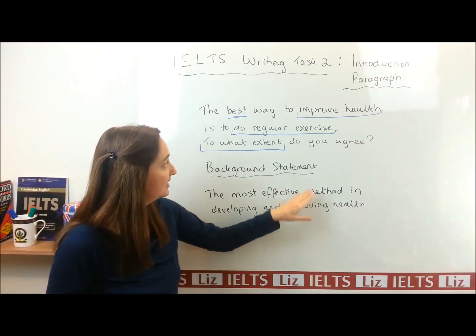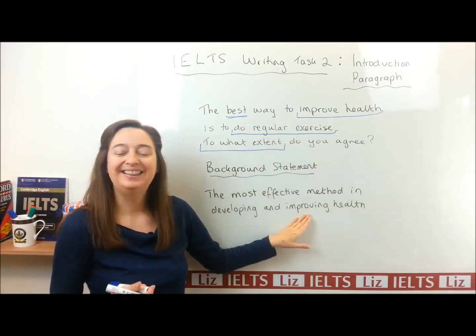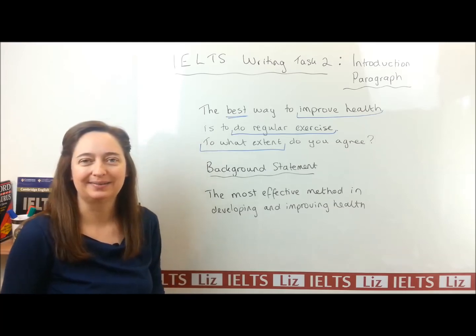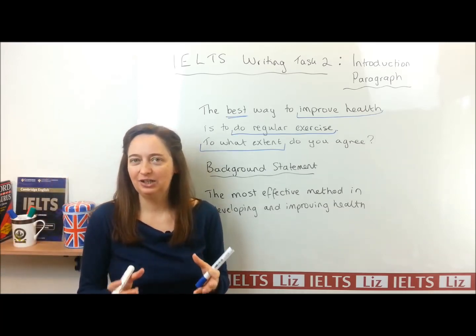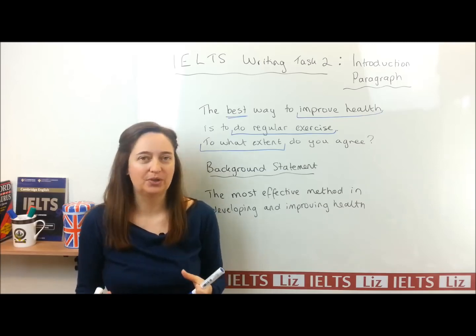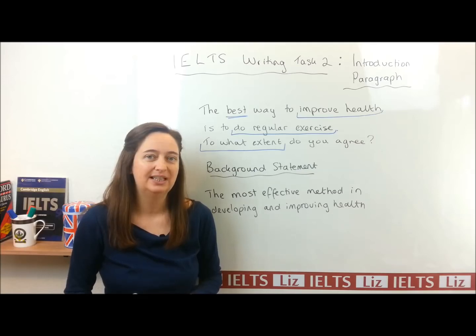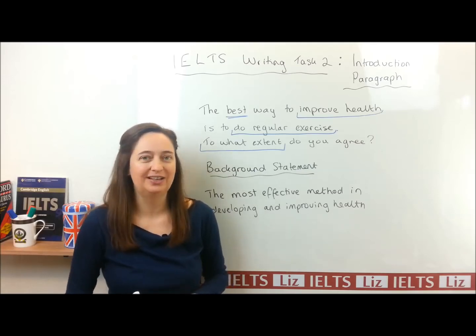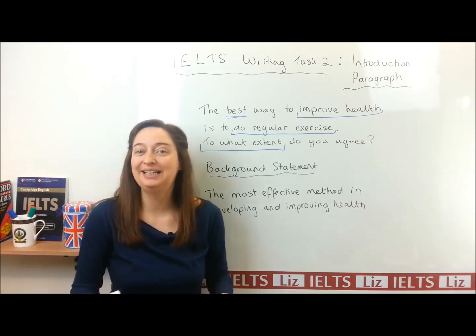But they say improve, I say improving. This is also paraphrasing. I'm using the same word, but a different form of the word. So I've taken the word and I've changed it a little bit. This is very good for IELTS. So it means you don't have to change the word completely.